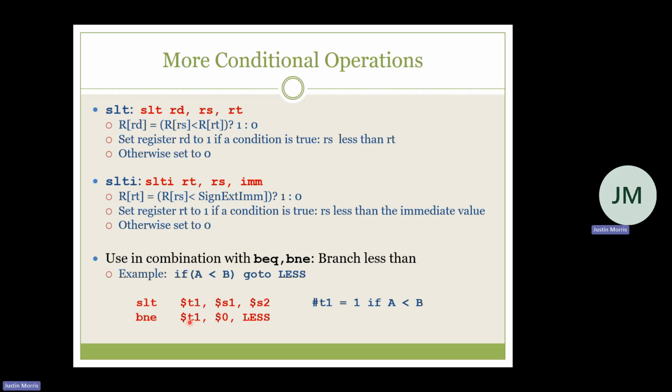Because now if T1 is 1, that means that this was true, right? So we're going to do this comparison. And then if T1 is 0, that means that this was false.